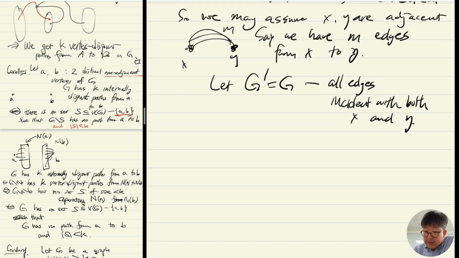Now it'd be nice if G prime is K minus M connected. So that's what we want to say.